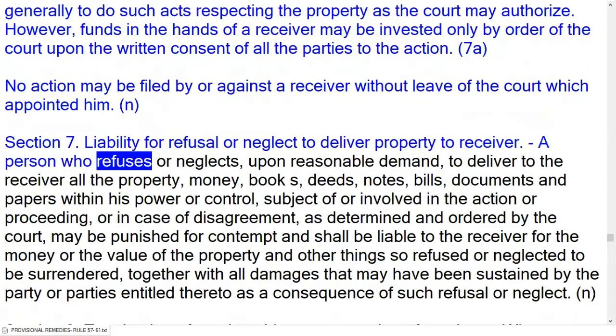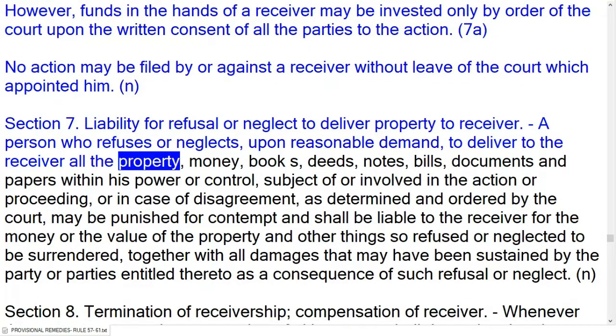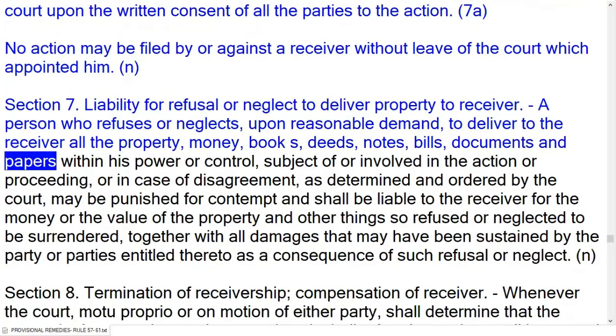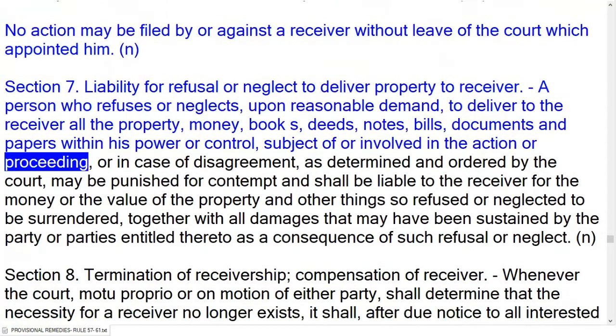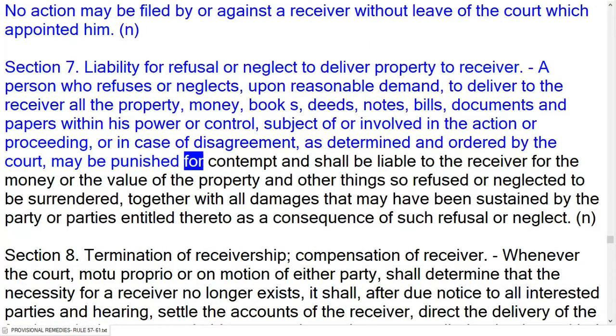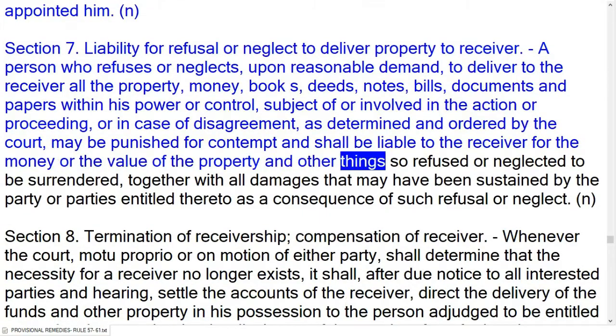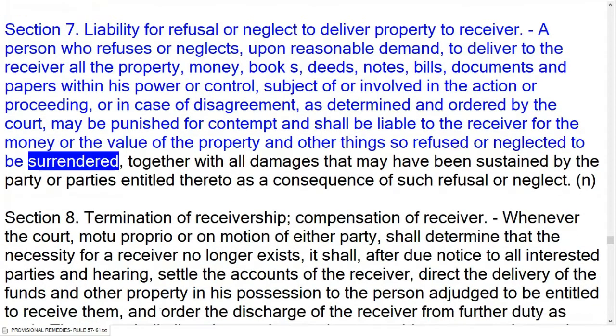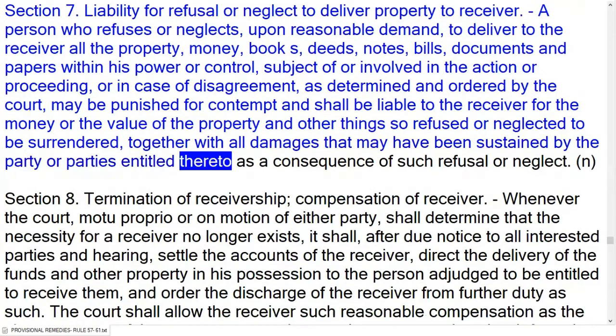A person who refuses or neglects, upon reasonable demand, to deliver to the receiver all the property, money, books, deeds, notes, bills, documents and papers within his power or control, subject of or involved in the action or proceeding, or in case of disagreement, as determined and ordered by the court, may be punished for contempt and shall be liable to the receiver for the money or the value of the property and other things so refused or neglected to be surrendered, together with all damages that may have been sustained by the party or parties entitled thereto, as a consequence of such refusal or neglect.